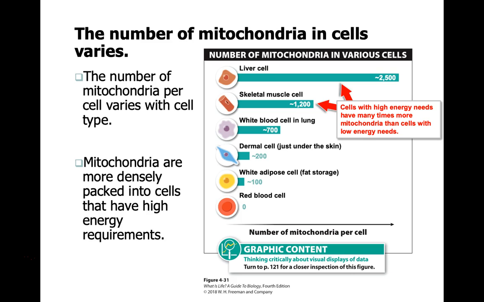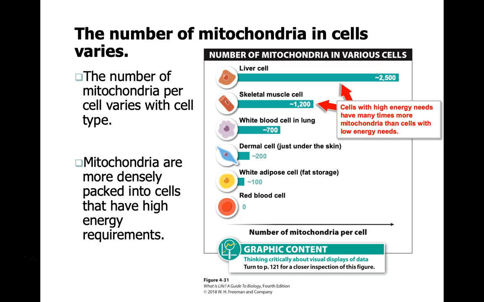So the number of mitochondria varies per cell. And as I said a few minutes ago, cells that require more energy are going to have more mitochondria. This chart shows the relative number of mitochondria per cell. We've got liver cells, which require a lot of energy, and skeletal muscle cells, so think of things like your calves and your biceps, the big muscles that move your body.